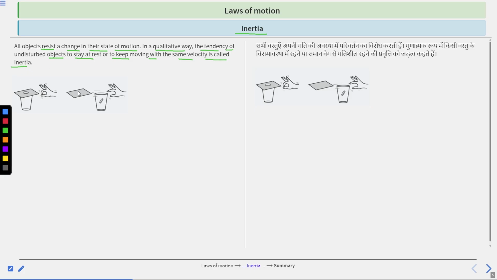In this figure, suppose there is a coin on the paper, the coin stays at rest. When an external force is applied, the coin starts moving. So from this position to this position, the state of the coin is changed. So this is the concept of inertia.